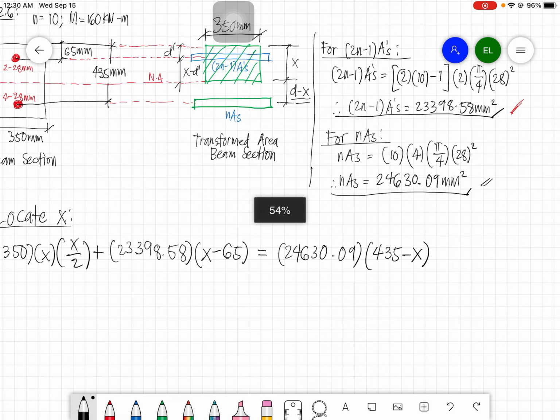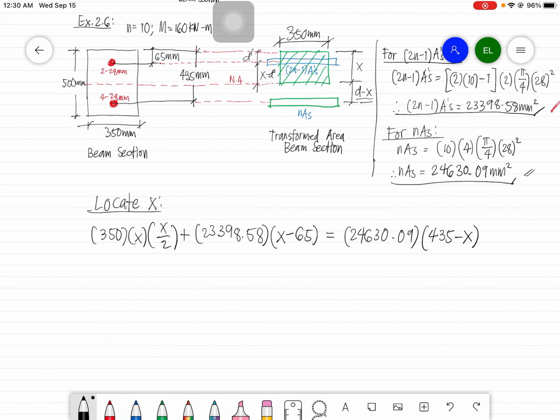Okay, so try to calculate the equation. So I hope we had the answer of x, which is equal to 160.68 mm. Okay, for the value of x.